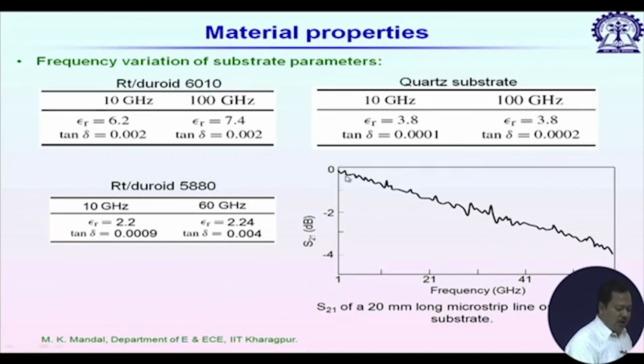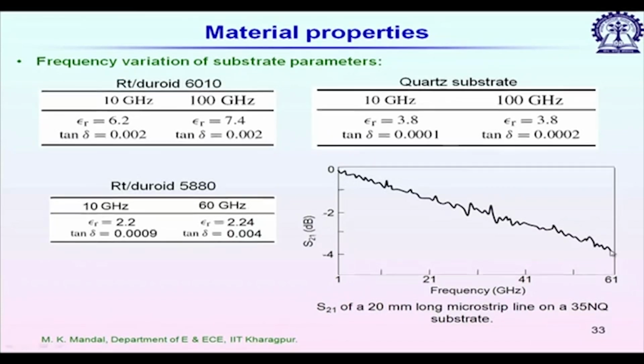Now, we are doing one experiment. We are fabricating, let us say, a 20 millimeter long microstrip line, which is basically a form of transmission line, on a quartz substrate, and then we are measuring S21 and plotting it over the frequency range. Look at the variation of loss.